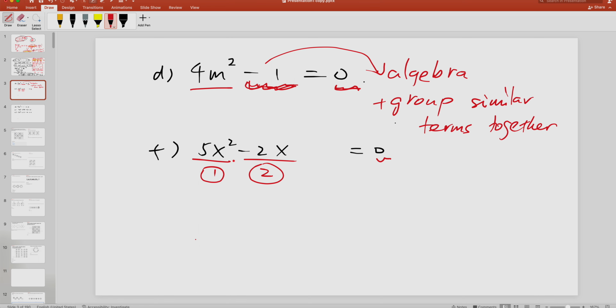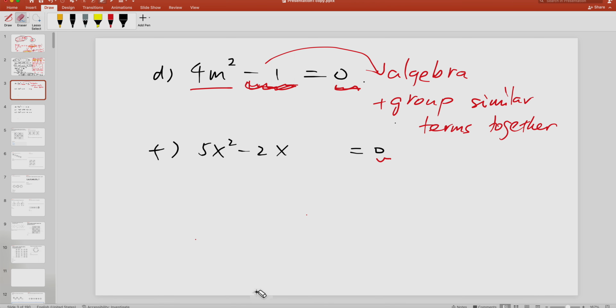But for this case, this is with x, this is with x. Do you still want to move them? No. Why not? Because it's not similar terms. If you move over, it's a number and x, not similar. You have x squared here, you have x here, they are already grouped. So you don't move.